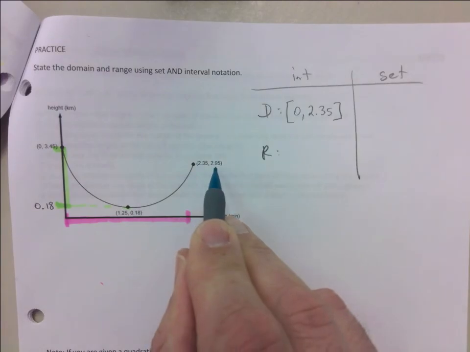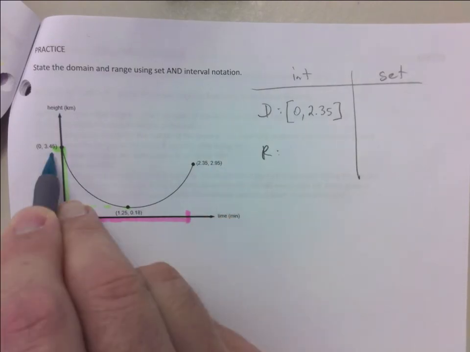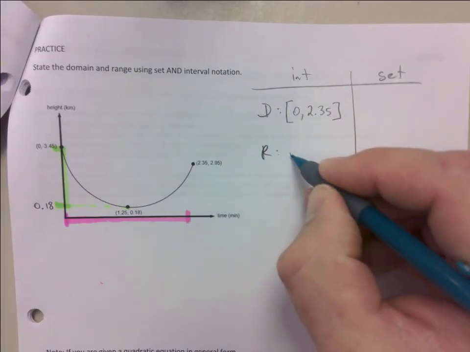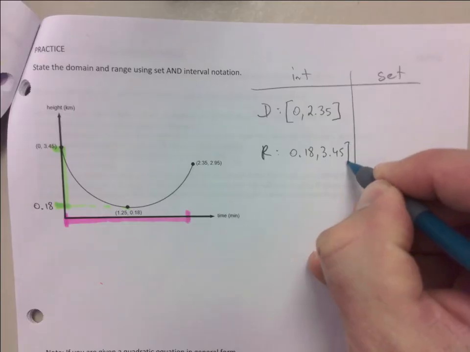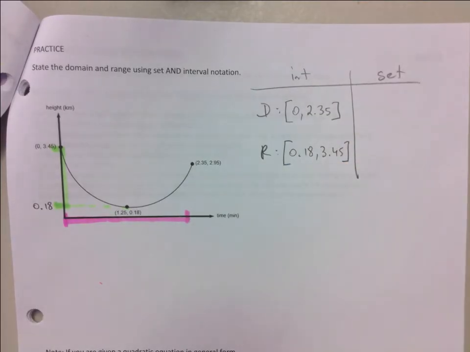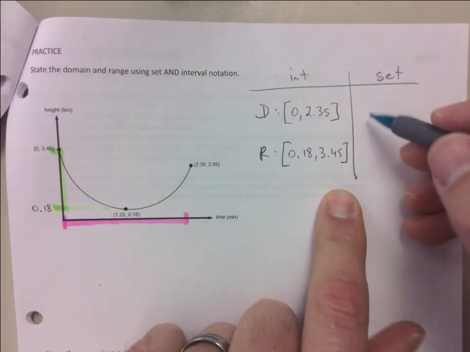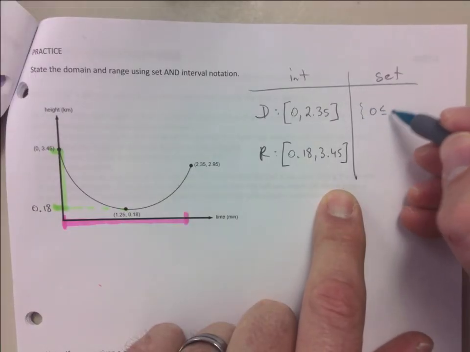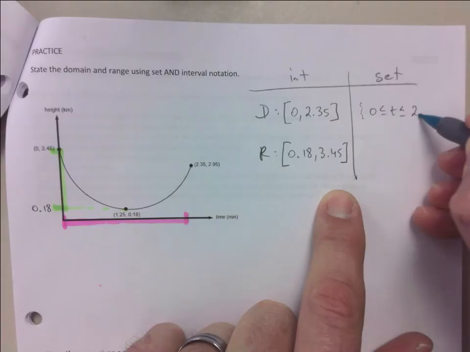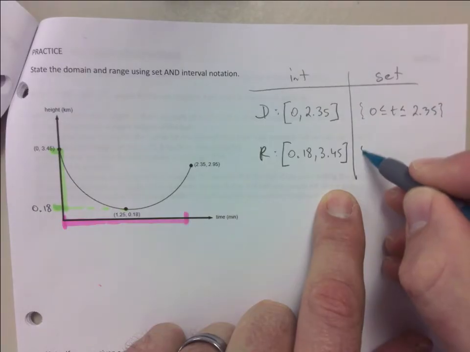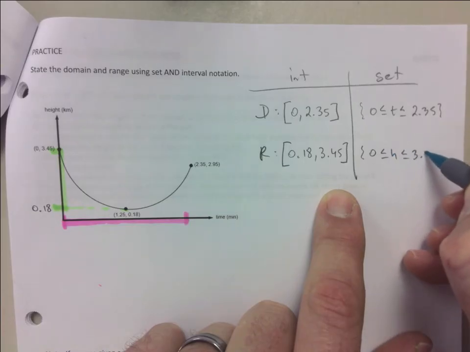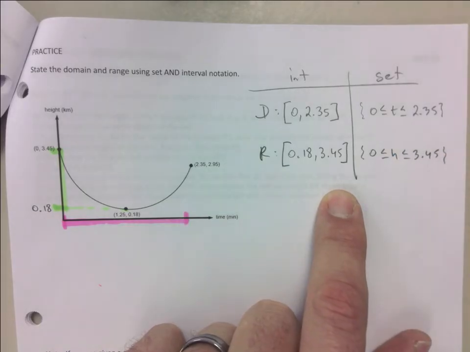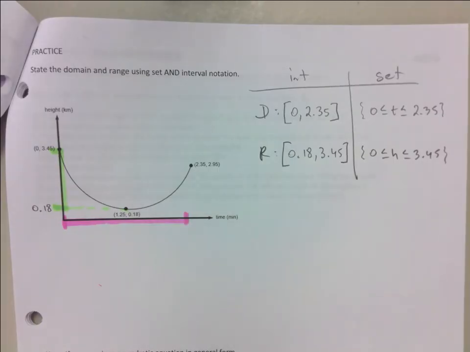This one is here to trick you, but it's not the highest. The highest is 3.45, right? So 0.18, 3.45. And so for our set notation, there it is. We've got it taken care of.